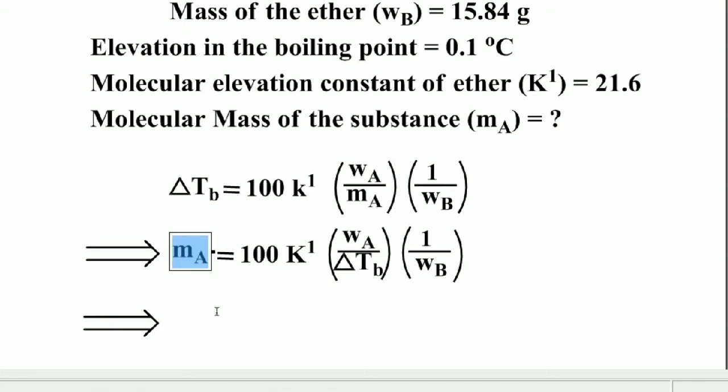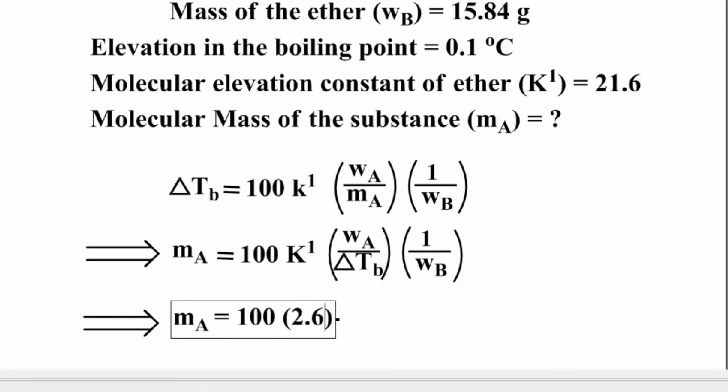We get, students, MA is equals to 1000 into K dash. Given K dash is 21.6 into WA by delta TB.